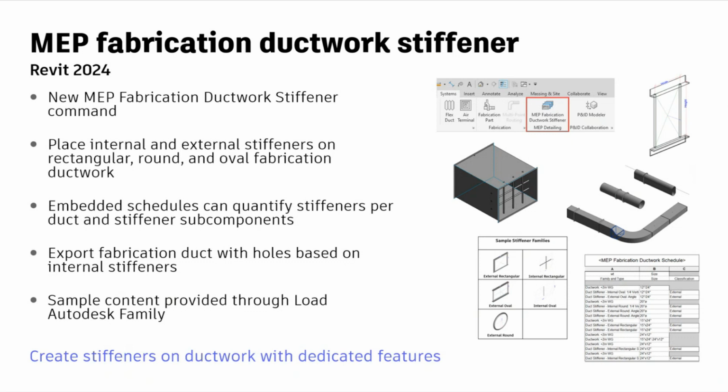After the placement, the hosted stiffener instances would move and resize with the duct segments as users make modifications. So a new family category for MEP framing has now been added for the basic components used in MEP supporting elements such as duct stiffeners, hangers and supports, or equipment racks.